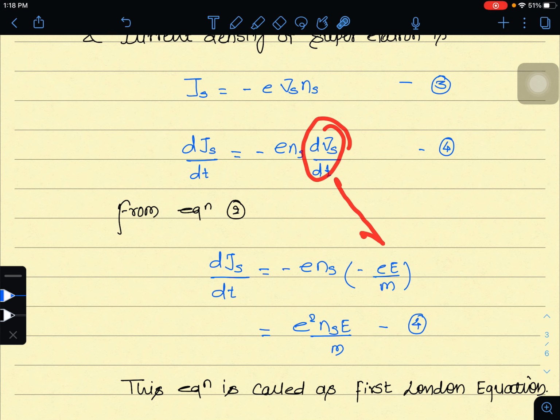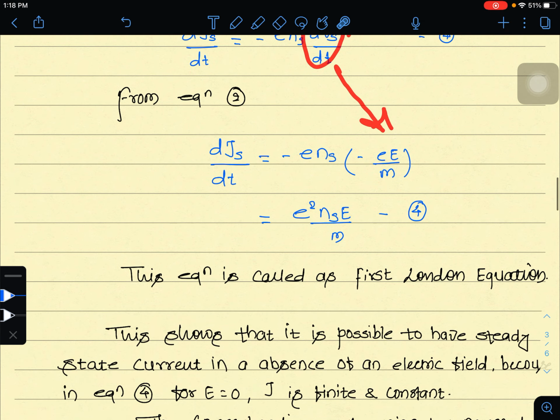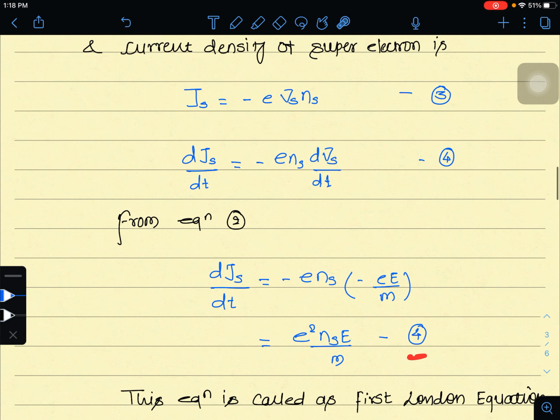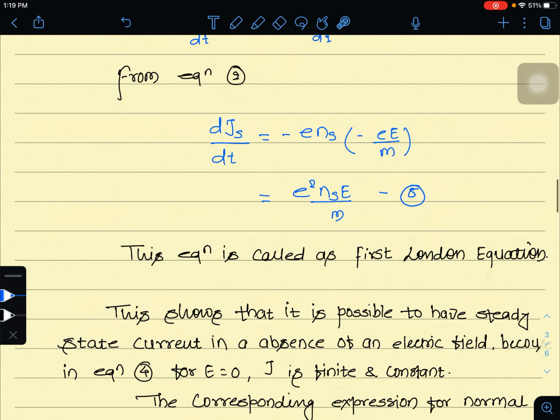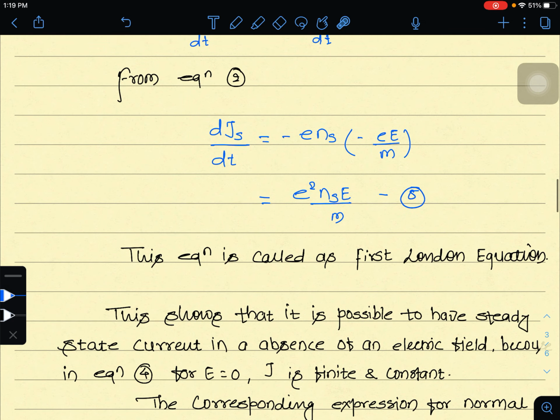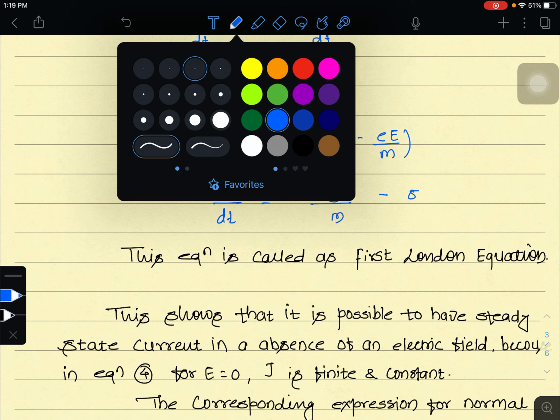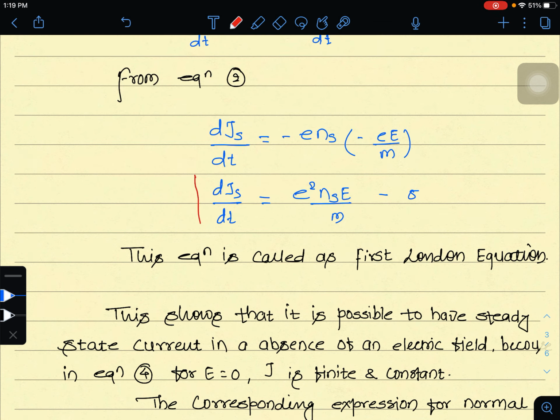Now put equation number 5 here. Just a moment guys. Okay, and this equation is called the London equation first.